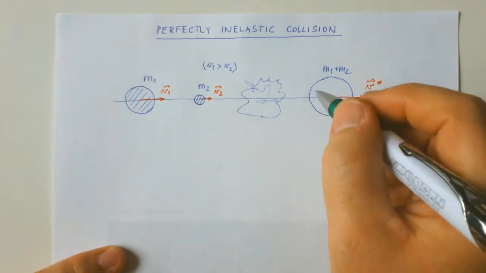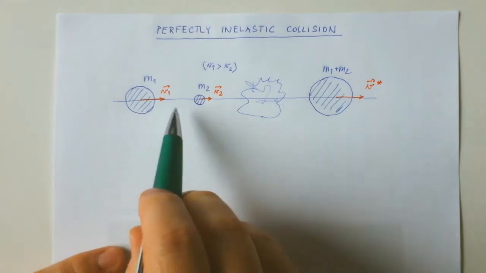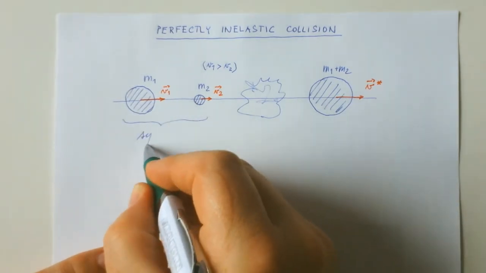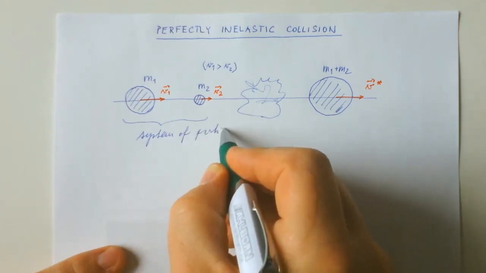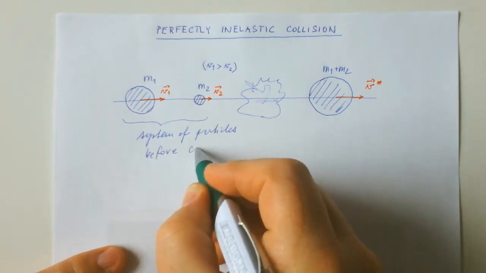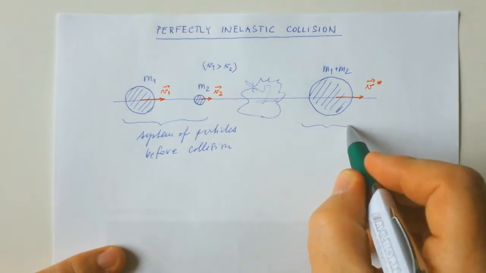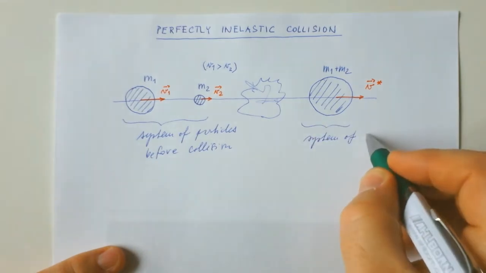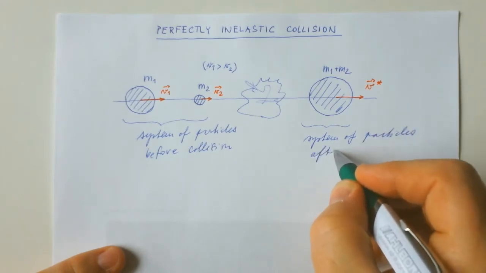Okay, so this is a new system, a system of particles. This is the system of particles before collision, and this is the system of particles after collision.